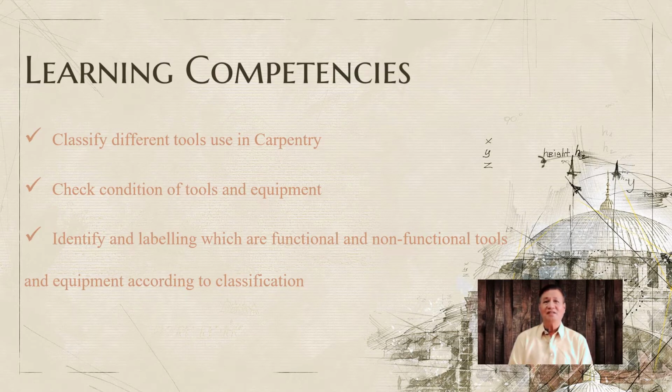At the end of this lesson, you must be able to classify different tools used in carpentry, check the condition of tools and equipment, and lastly, identify and label which are functional and non-functional tools and equipment according to classification.